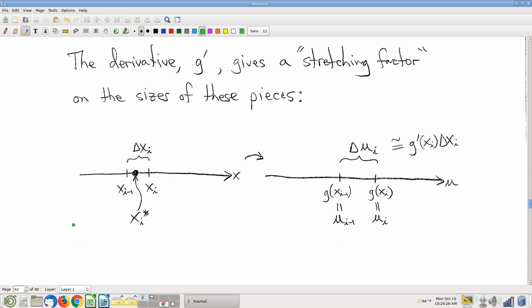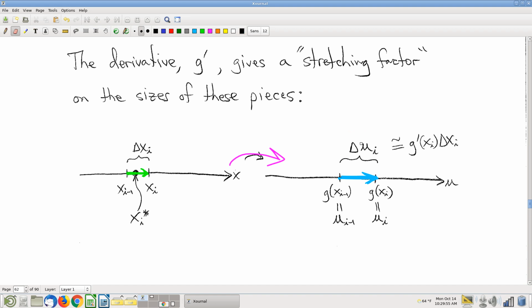But let me remind you, I can also instead think of it as a change: how much the variable x changes as I move across that piece. That's a change to the input of a function, and then there's the resulting change to the output of the function. And that output change is the size of the output piece.